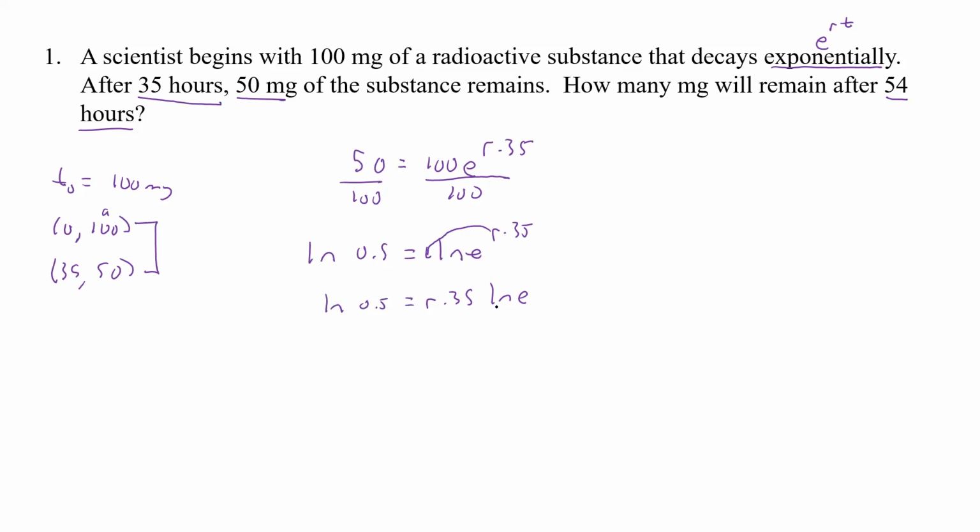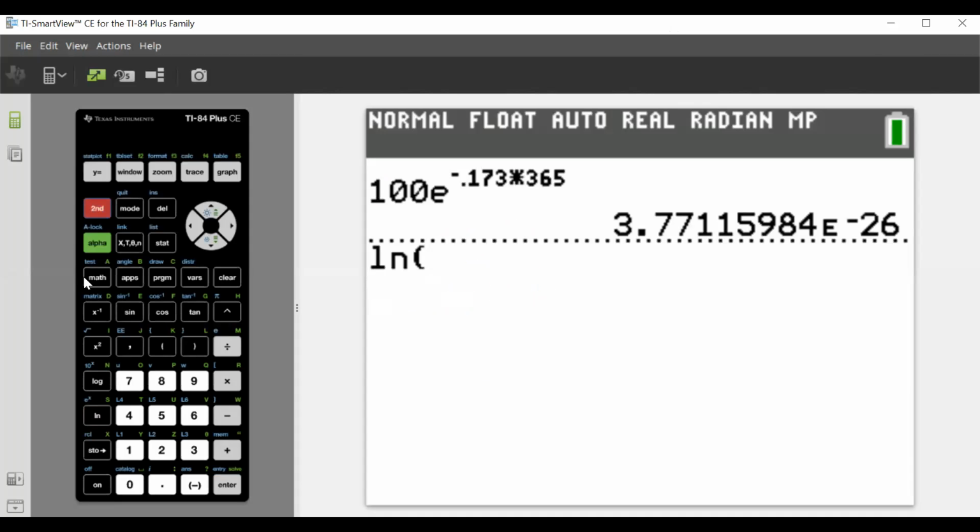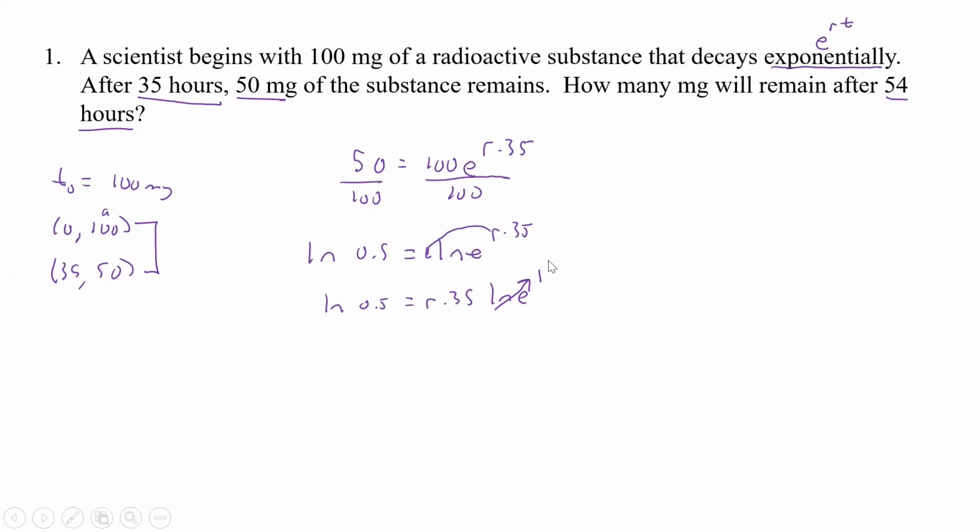Well, what do we know about ln of e? Well, guess what? That's equal to 1. And if you don't believe me, let's go over here and do it in our calculator, because that's a good thing to practice. Ln of e to the 1, because it was just to the 1, is equal to what? 1. Okay, so that's a nice function we use with ln's, and it makes it so we can bring everything down out front.